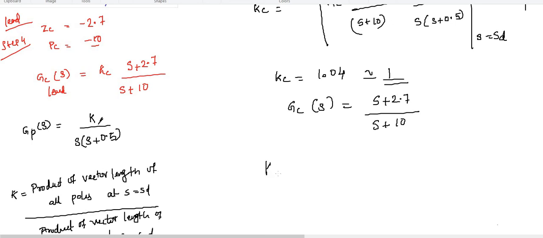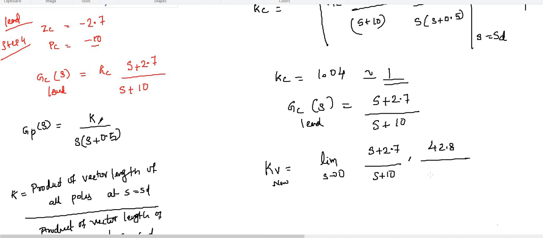So in order to find out kV of the system now, with this lead compensator, we can find kV using the limit s tends to 0. Now our open loop transfer function is Gc of s of the lead into Gp of s, that is s plus 2.7 divided by s plus 10 into 42.8 divided by s into s plus 0.5.